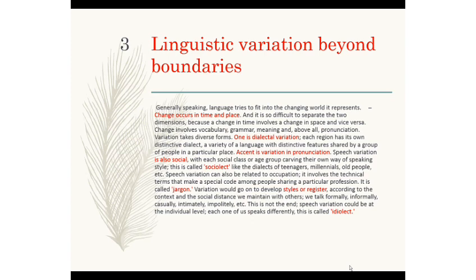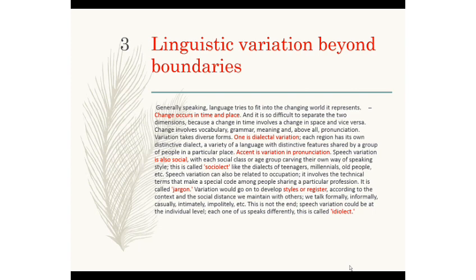Generally speaking, language tries to fit into the changing world it represents, and change happens in time and space. And it's very difficult to separate the two dimensions, because a change in time involves a change in space and vice versa. And change involves all levels of language and all components of language: vocabulary, grammar, meaning, and of course pronunciation.